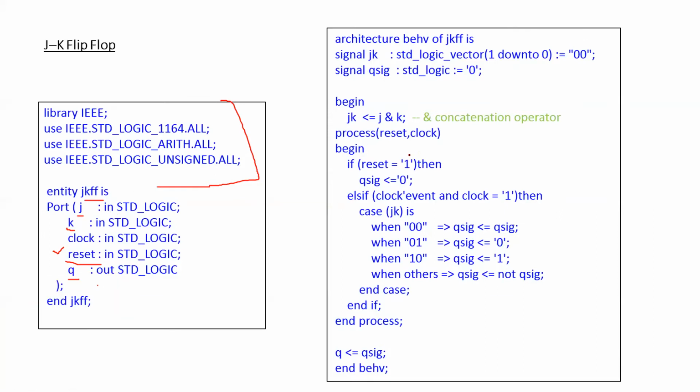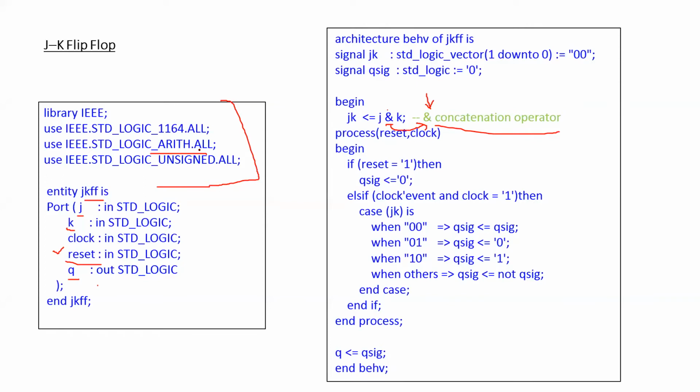So you can see over here we have this particular operator which we haven't used right now. We call that particular operator a concatenation operator. For inclusion of this concatenation operator, we have defined this particular library over here, which is arith all.